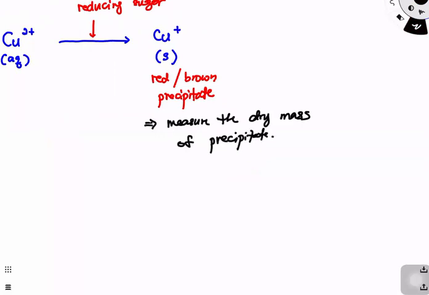Are you clear? So what we're going to do here is use a filter paper, filter out and collect these precipitates, dry them in the oven, and then measure. The higher the mass of the precipitate, the higher the amount, or concentration, of reducing sugar.